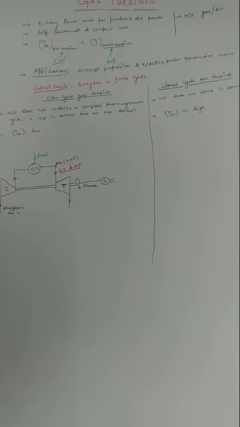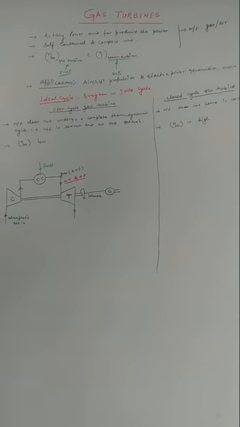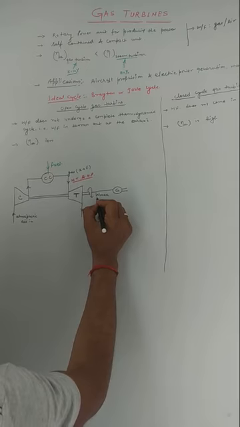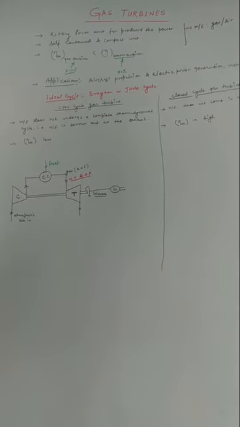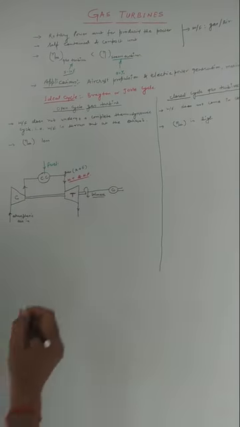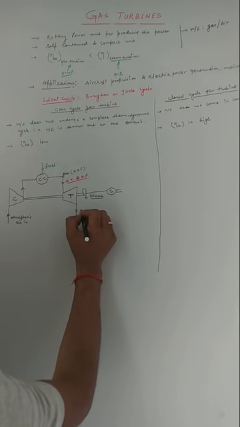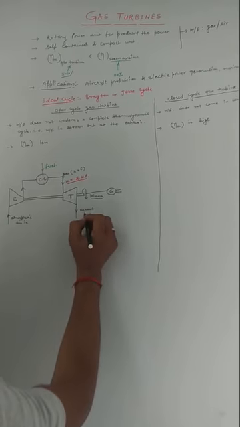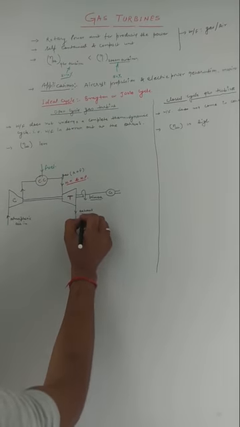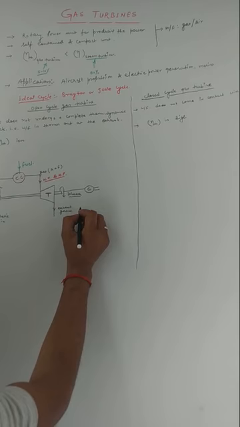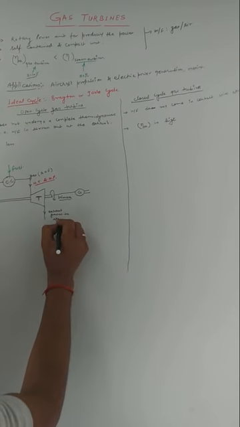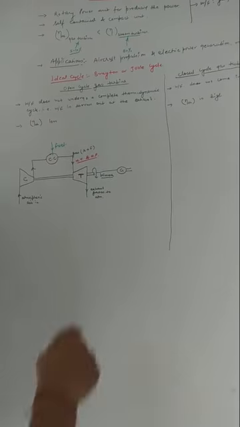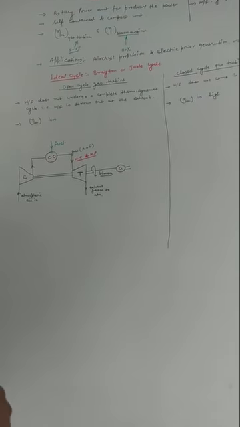High temperature and high pressure gases now enter into the turbine. Here the expansion takes place, and against this expansion we get the mechanical work output at the turbine shaft. After the expansion, the exhaust gases go directly into the atmosphere. That's why this is called open cycle.